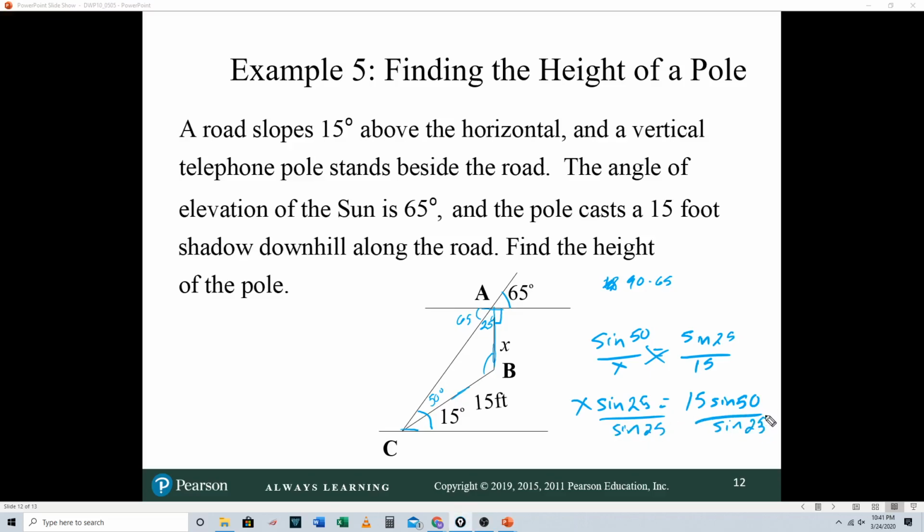We're going to put this in our calculator: 15 sine of 50 over sine of 25. And that's 27.189. I don't know what they want us to round to, but x is equal to 27.189. That's what you get if you plug this in your calculator.